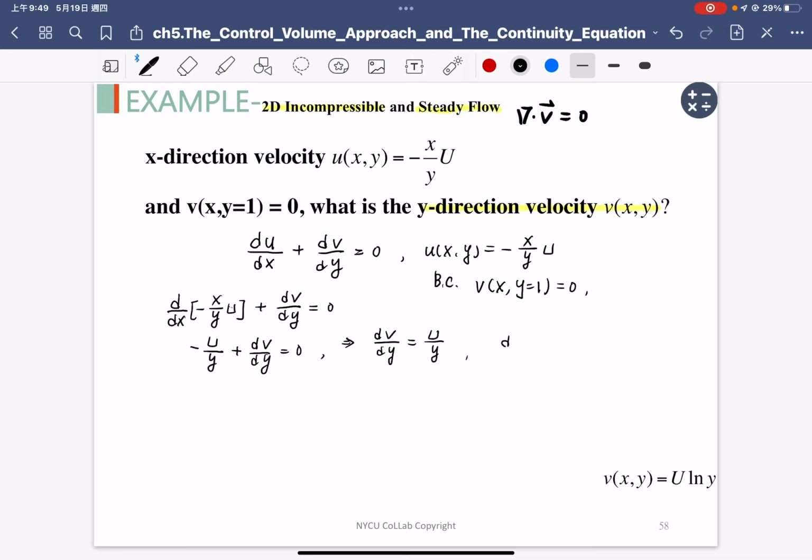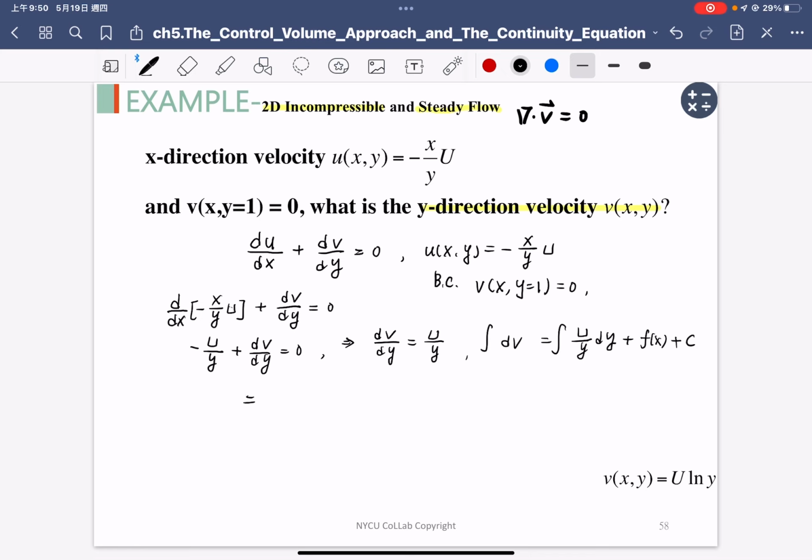So we have dv will equal to u over y dy, and we do the integration. Okay, and after we do the integration, we'll have maybe the f(x) function plus the constant value in here.